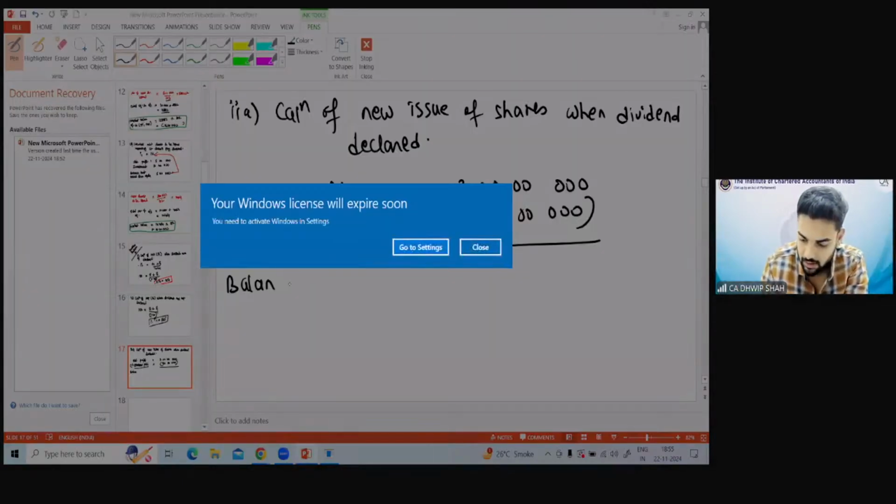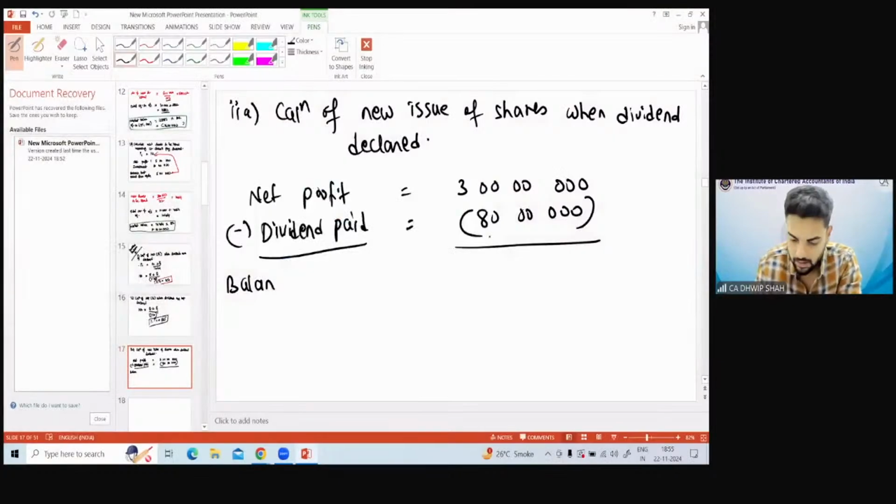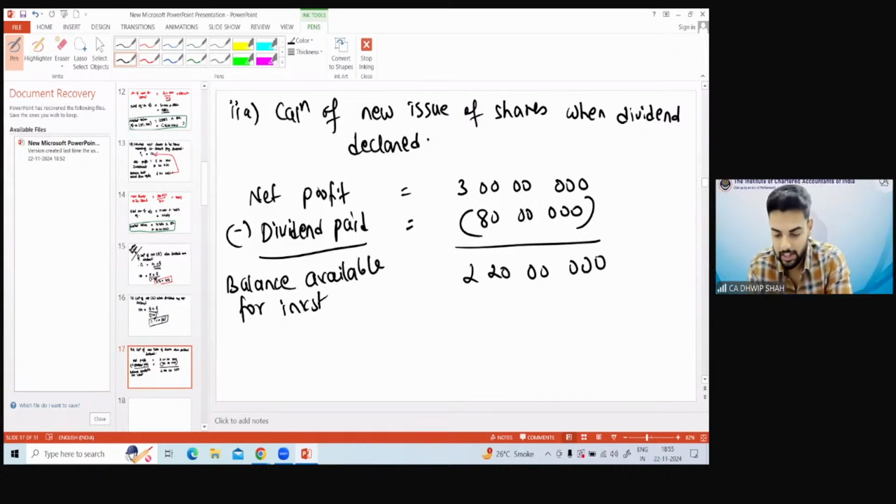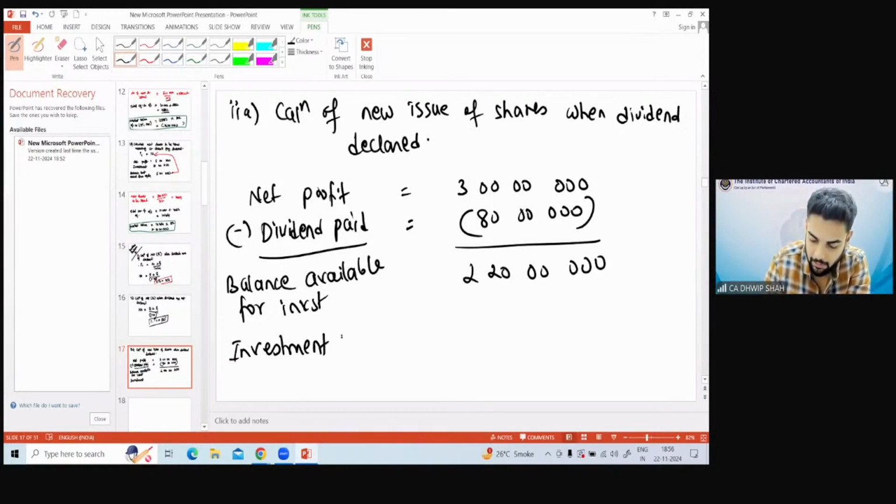Balance available for investment would be 2 crores 20 lakhs. Yes or no? Any doubts still here? Our investment amount required is how much? 6 CR. Investment amount required is 6 CR, but we just have 2.2 CR.